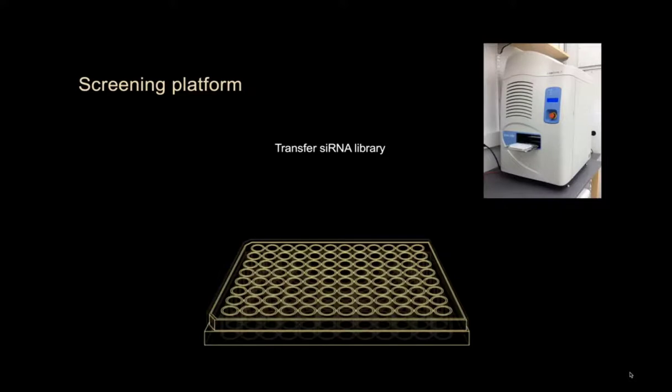We would then transfer the siRNA library using the Labcyte Echo. Typically, we screen at 1 nanomolar siRNA, and our source wells, the ones from NCATS, were coming in at 10 micromolar. Since in a 96-well plate we would have a final volume of 100 microliters, we needed approximately a 1 to 10,000 dilution of the siRNA, which meant that we would use the Echo to transfer 10 nanoliters.